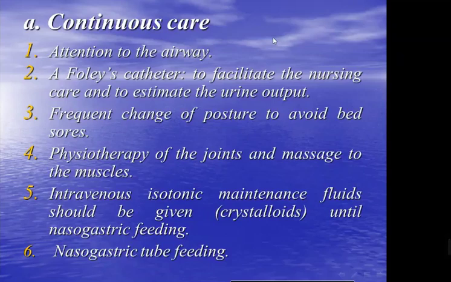I will treat him conservatively, but he still needs attention to the airway, because he may develop apnea at any time, or if there is obstruction by secretions, this will lead to suffocation and then apnea. A catheter is used to facilitate nursing care and to estimate the urine output. Without a catheter, he will urinate on himself and the bed will be wet, but with a catheter things are cleaner and we can estimate the amount of urine output.